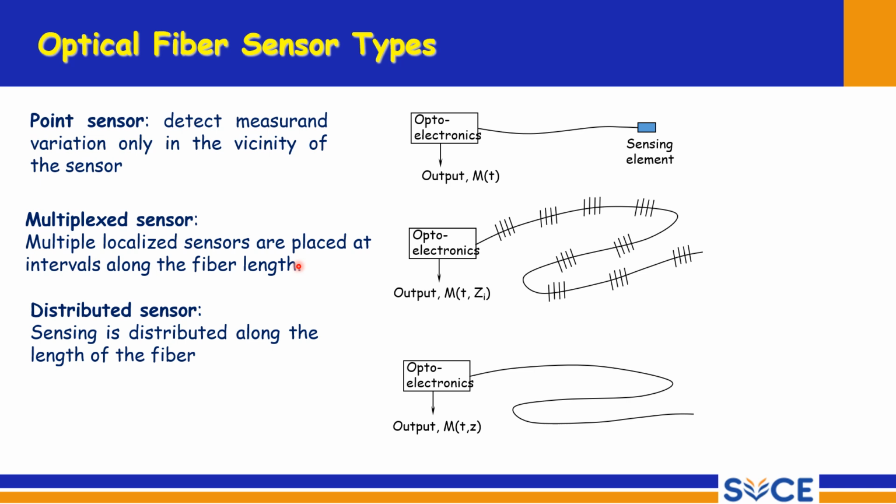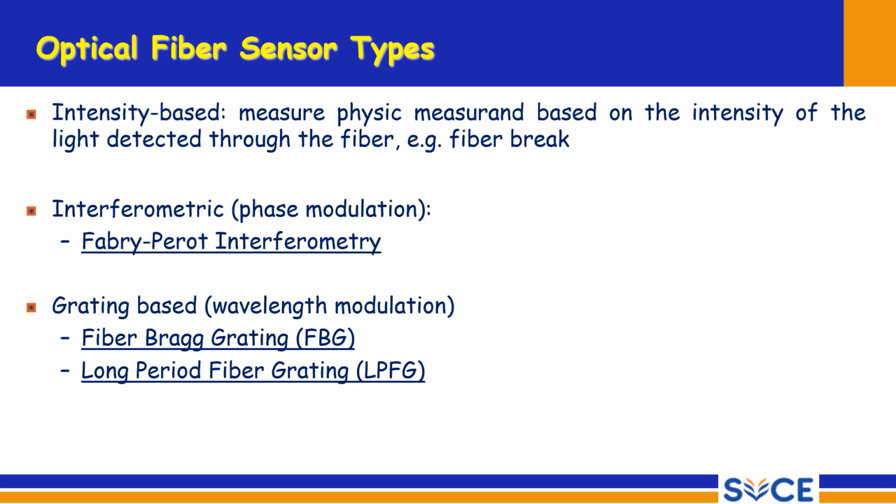So in a point sensor, if the measurement comes within its vicinity it can measure, otherwise it cannot detect it. Whereas in multiplexed, the localized sensors are placed along the fiber length. In a distributed sensor, sensing is distributed along the length of the fiber. So sensing is done everywhere. So this is point sensing, this is multiplexed sensing, and this is distributed sensing. These are the three types of sensing techniques.